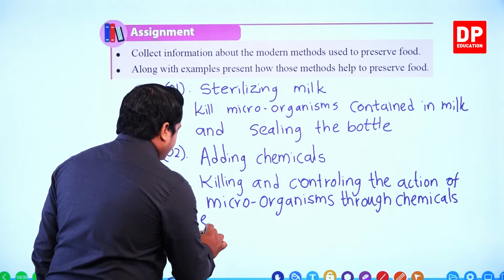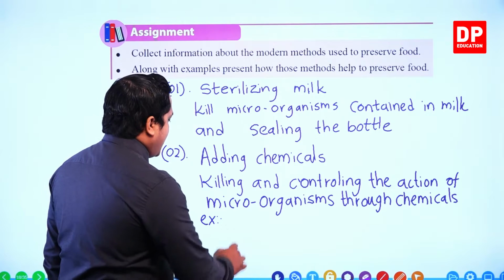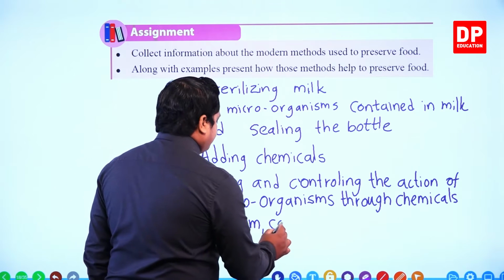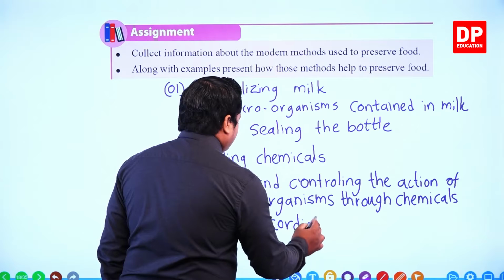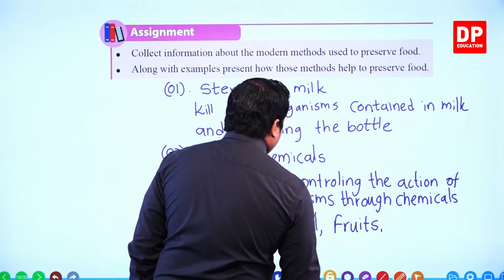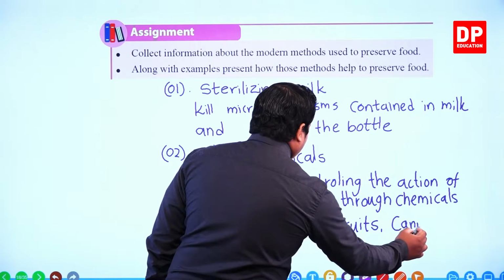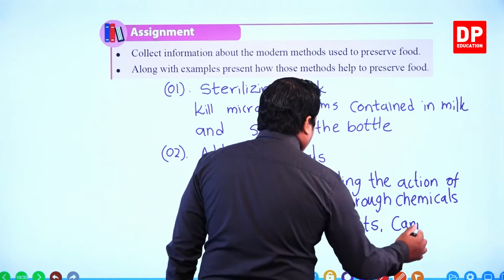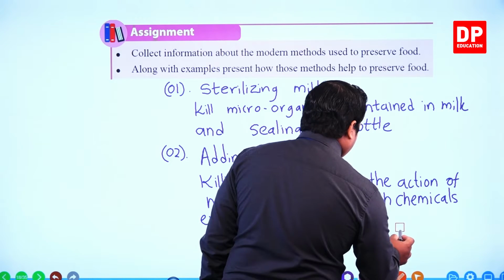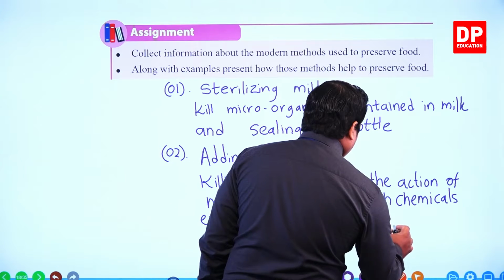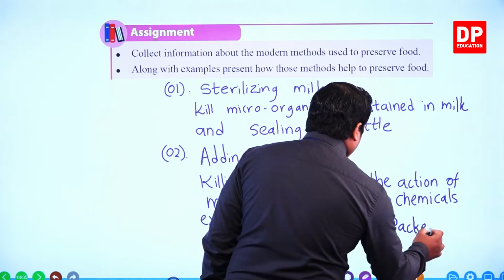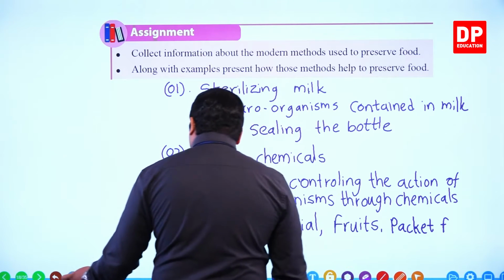So what are the examples? These chemicals are added to jam, then cordial, then fruits, canned, or we can say it as a common one, packeted food.